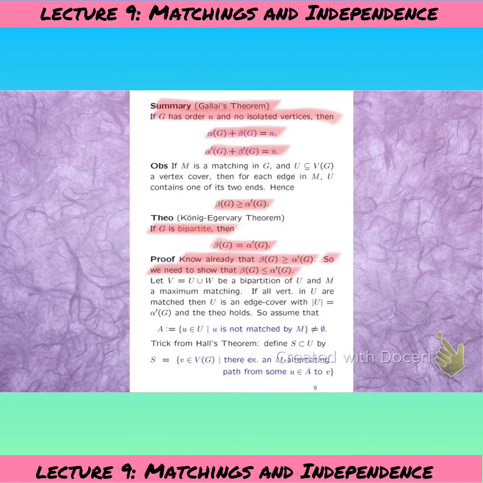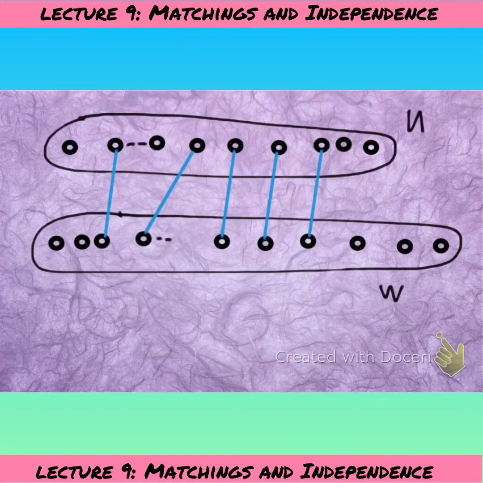So what I'm going to do is partition my bipartite graph into the two partite sets U and W, and I'm going to let M be a maximum matching of cardinality alpha prime of G. Now, what happens if all vertices in U are matched? So there I've got my bipartition, and all the vertices in U are incident with my blue edges, which are the matching edges, right?